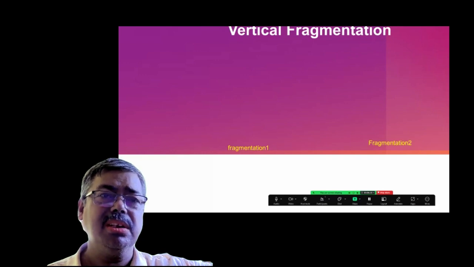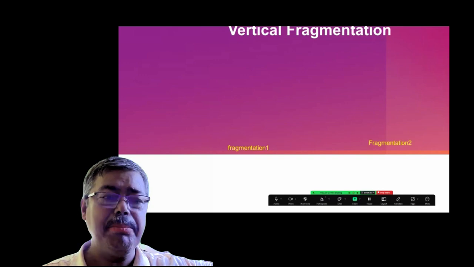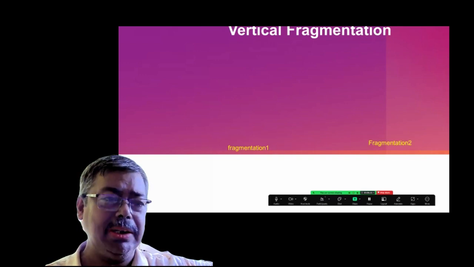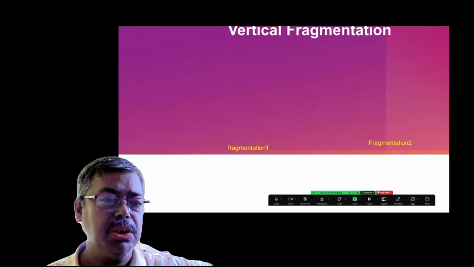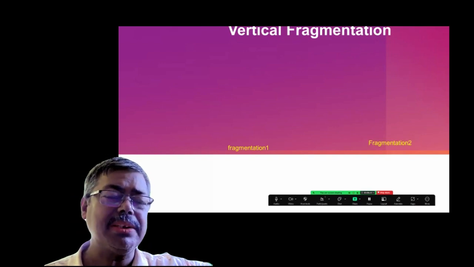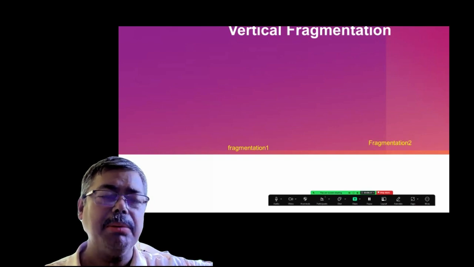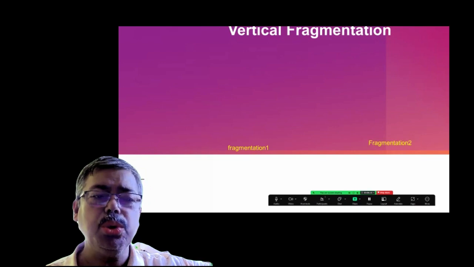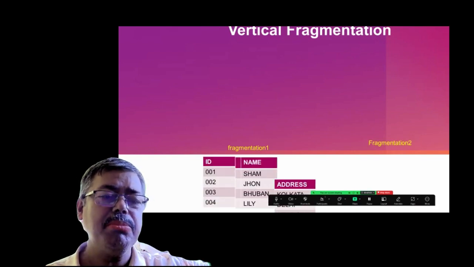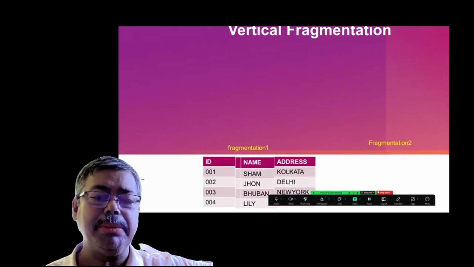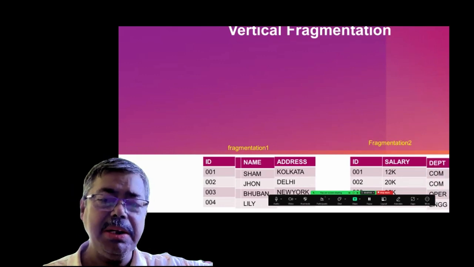But there is a problem. Why? ID is a primary key and it is located in only one table, so it is not possible to link with another table. ID is the common factor for union and join operations. So the ID column will be shifted to both fragmentations: one with ID, name, and address, and another with ID, salary, and department.